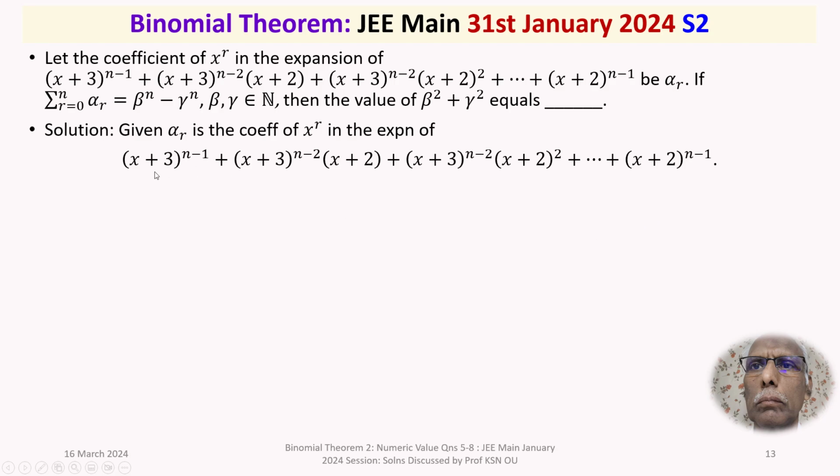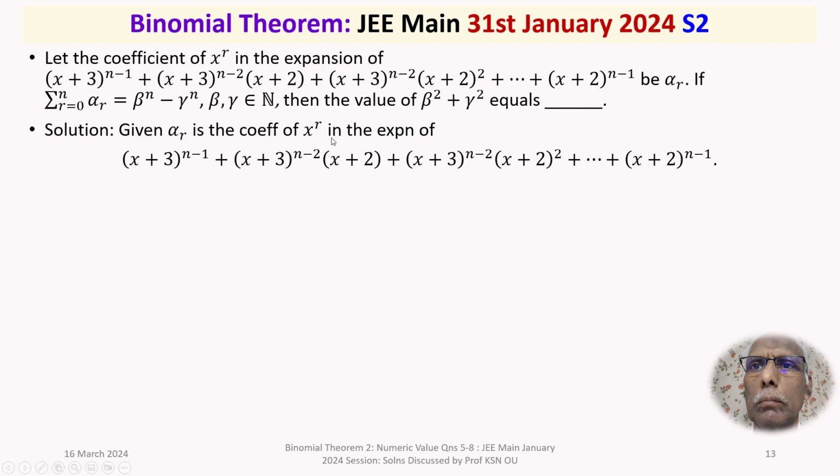That means the highest exponent of x in this expansion is n minus 1. But we want sigma r equal to 0 to n alpha r, up to n we have to go. So what is the coefficient of x to the power of n in this? There is no such term. Therefore it's 0.